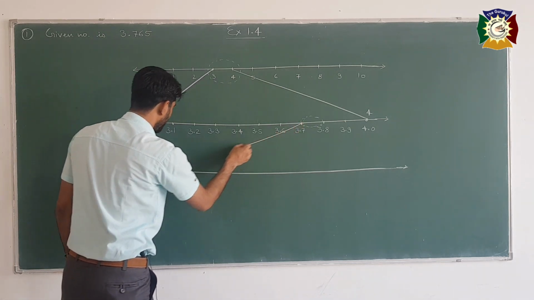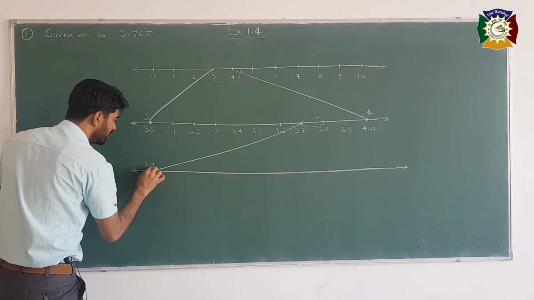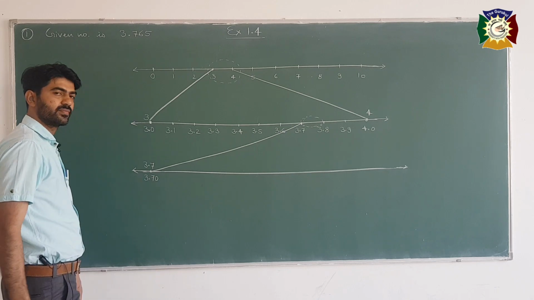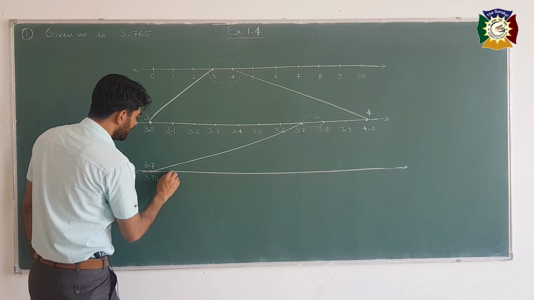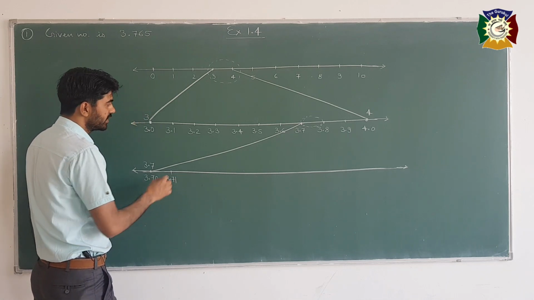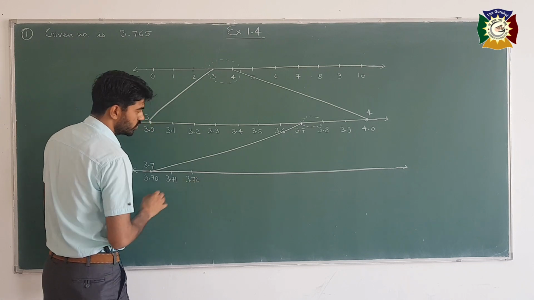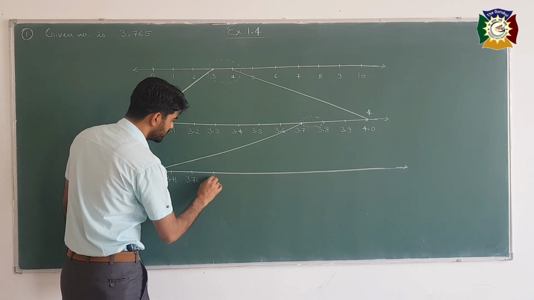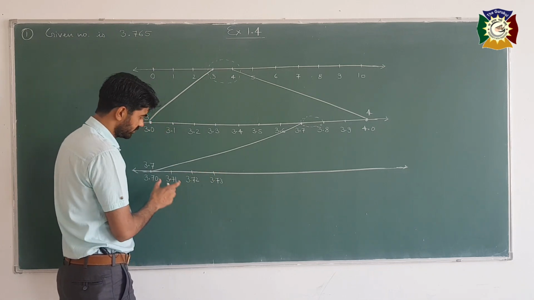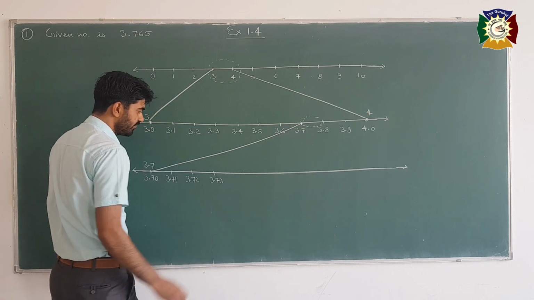I am taking this as 3.7, so I will write it as 3.70. Next will be 3.71, next 3.72, next 3.73. These gaps must be of equal length.